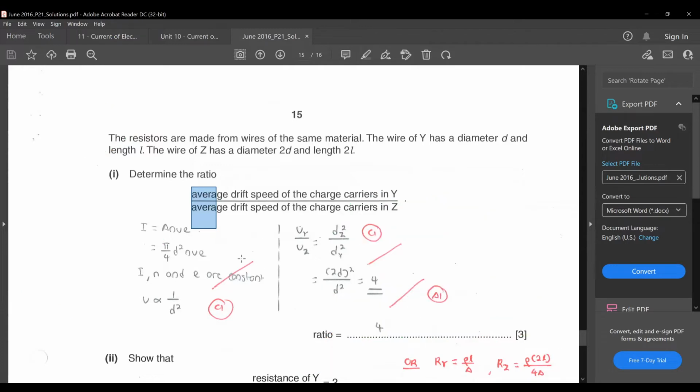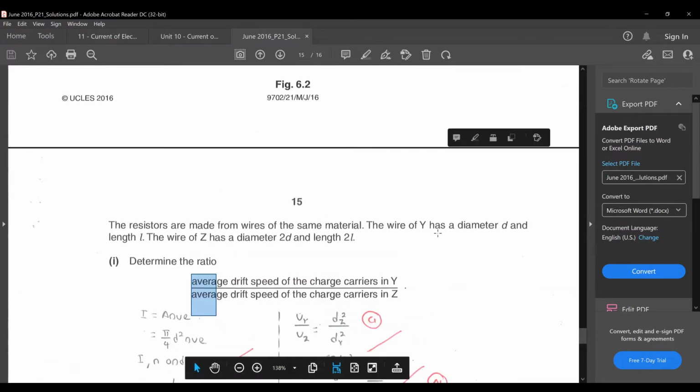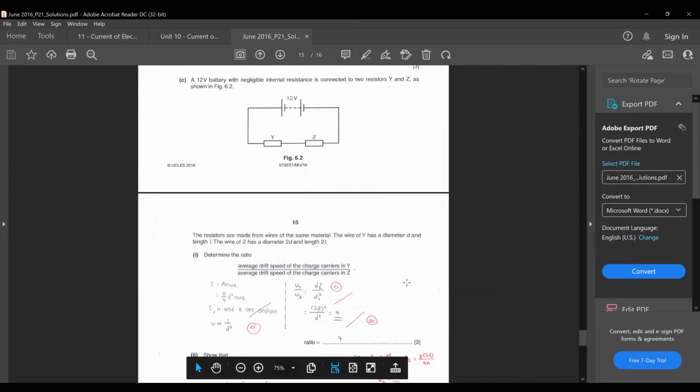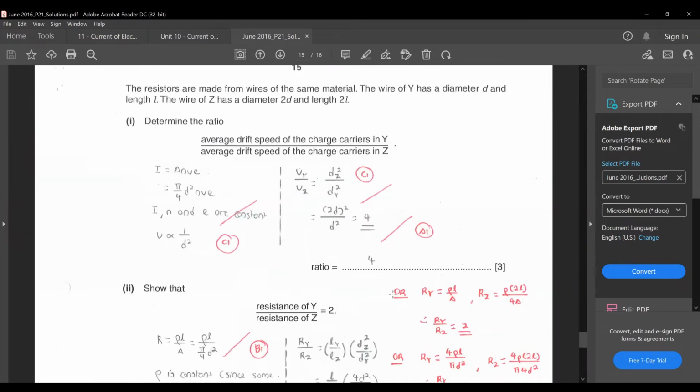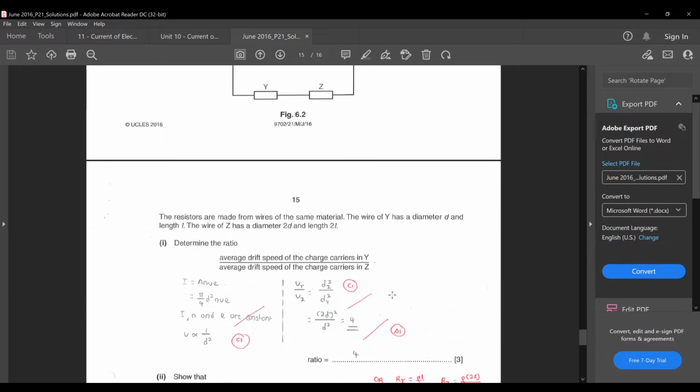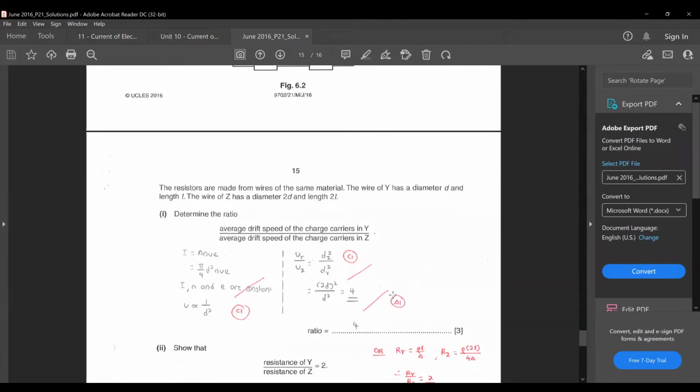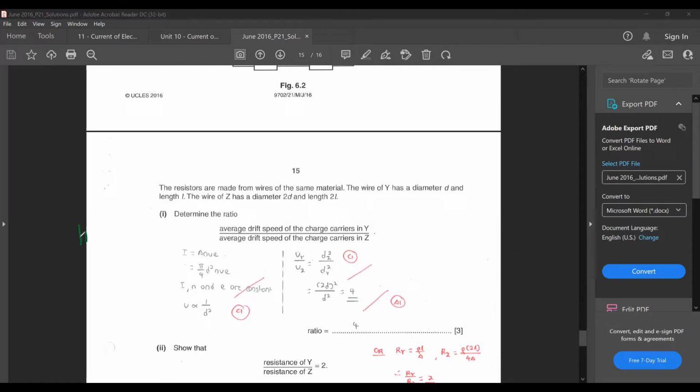This one has to do with your ratio method. Let me just redraw the diagram here so that it's easier for you to see. You have a battery, you have your resistor.